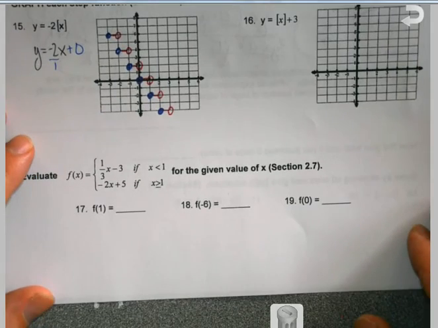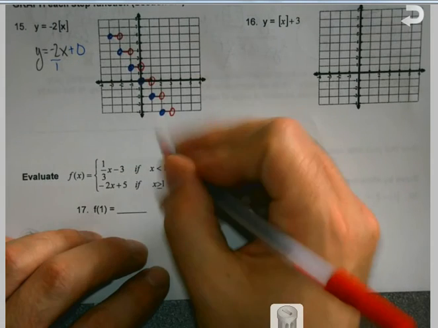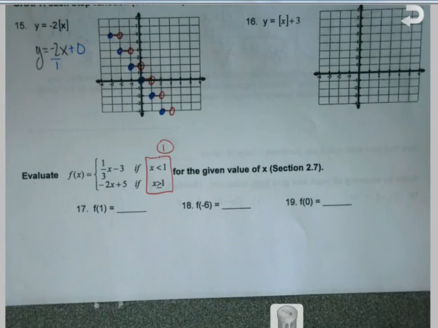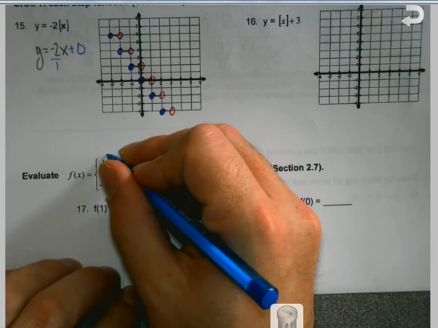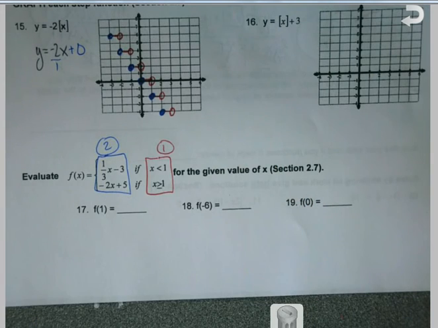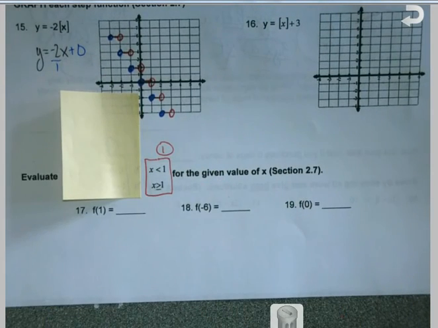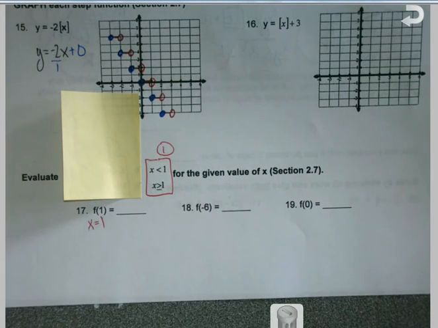So here when we're evaluating, here's my key on these. My first step is always to look at the inequalities, figure out which one it is, and then I figure out where it gets plugged in after that. So here's how this goes. I'm going to pay no attention to those expressions here at the start. So f of 1 tells me that my x value is 1.